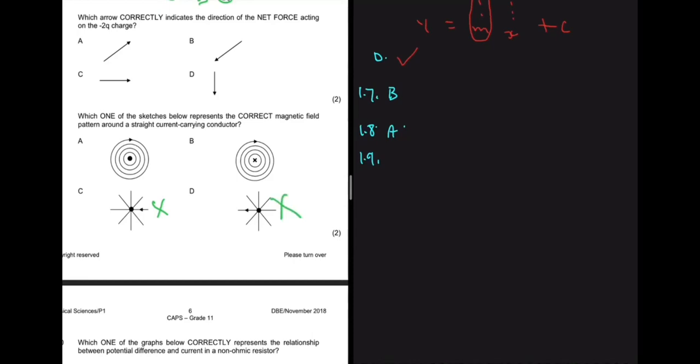The answer for 1.9 is actually B. We're using a hand rule, and because of the format of the video, there's no way I can show you that, right? But in the description of the video, I will put a link to a resource that can help you understand this concept better.